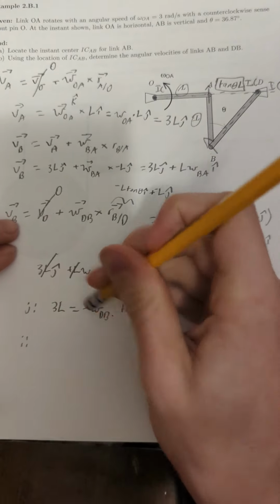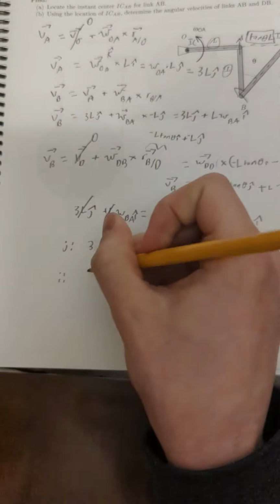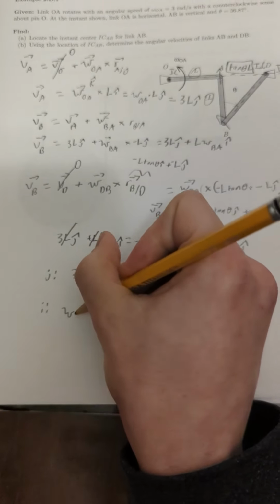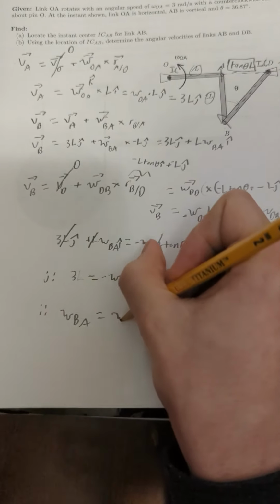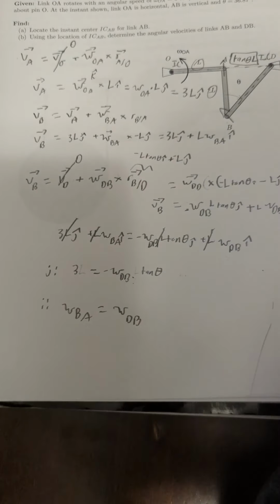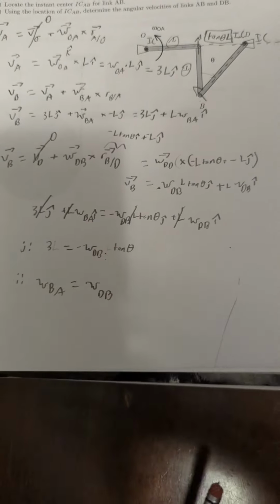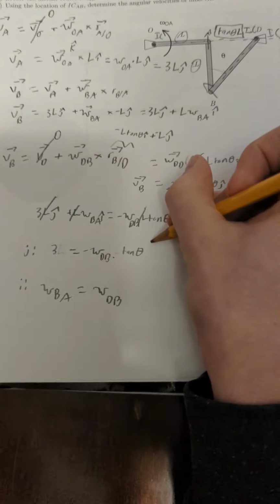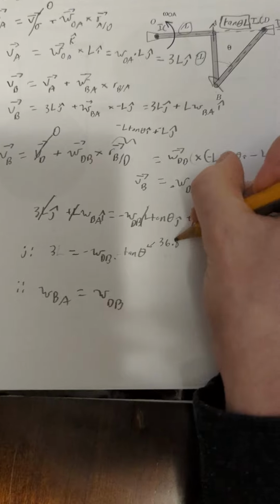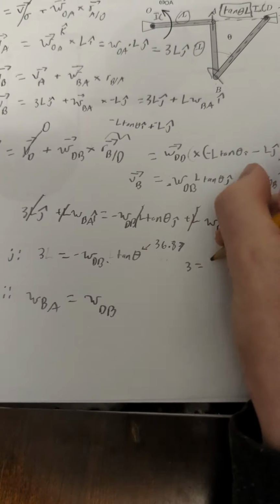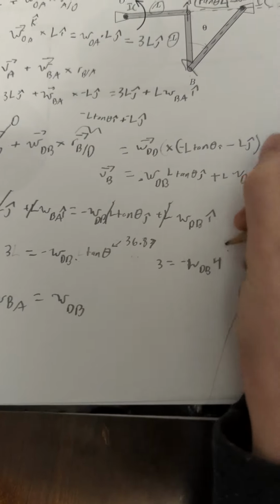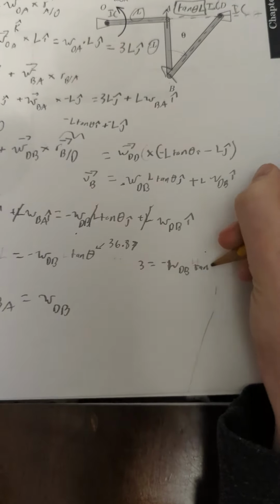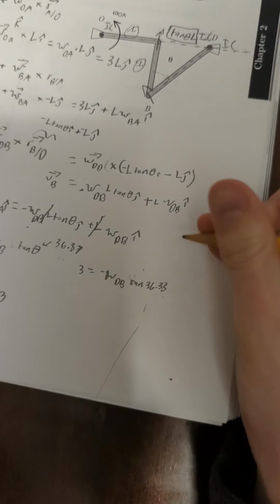So first we're going to solve for omega DB in our J direction, which is just going to be 3 over tangent of 36.87.